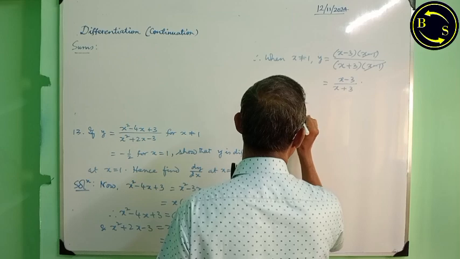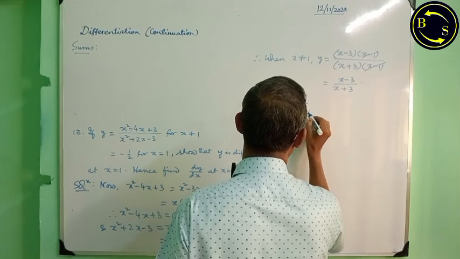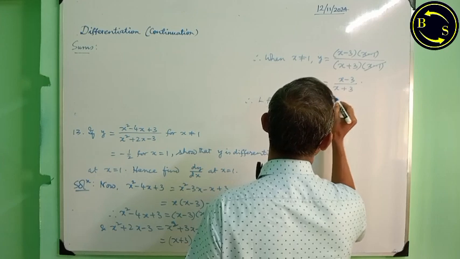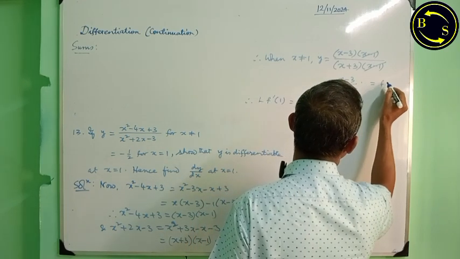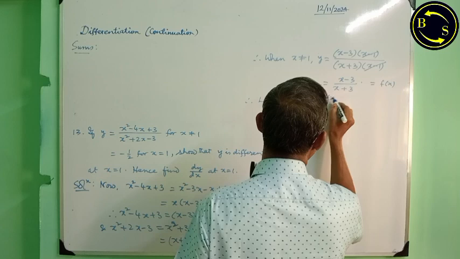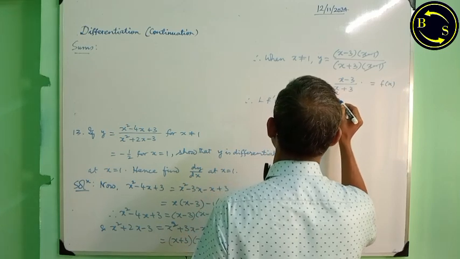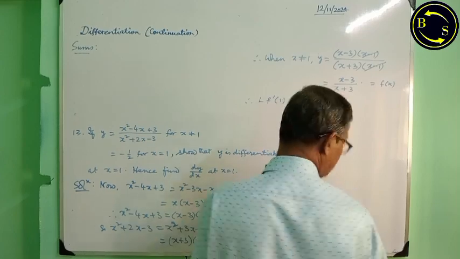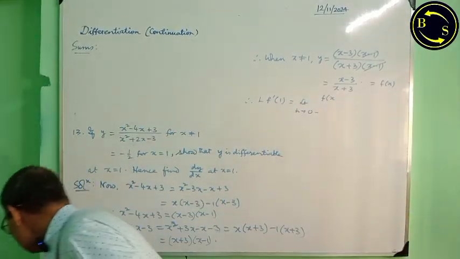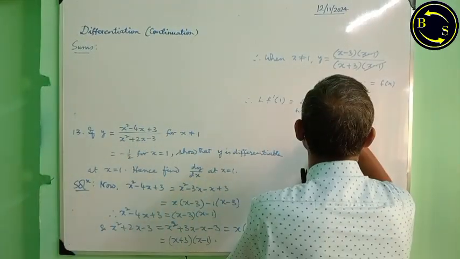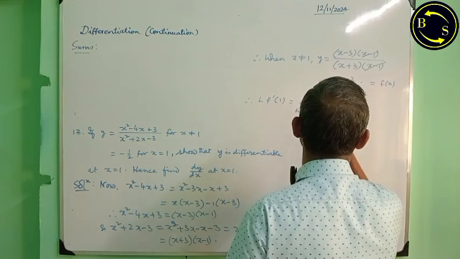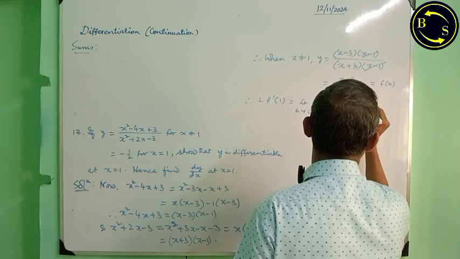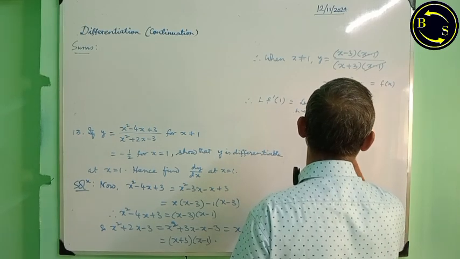Limit h tends to 0 minus, f(1 plus h) minus f(1) by h.